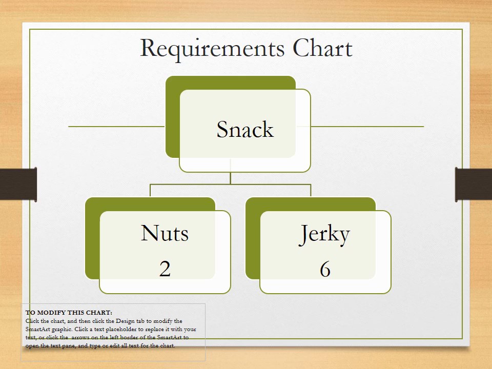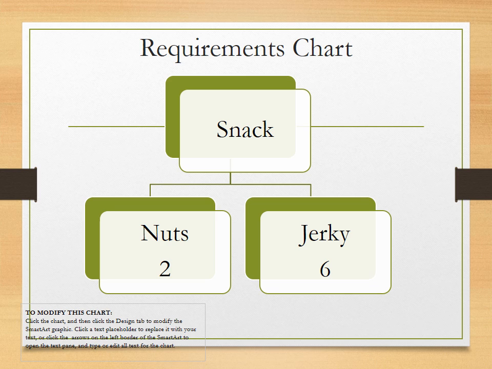Here's one that relates to the assignment that you'll be doing. In the next assignment, there's a corporation that sells nuts, jerky, and jam. And they package it in different ways. So this requirement chart tells us that they have a package called snack, a snack pack.